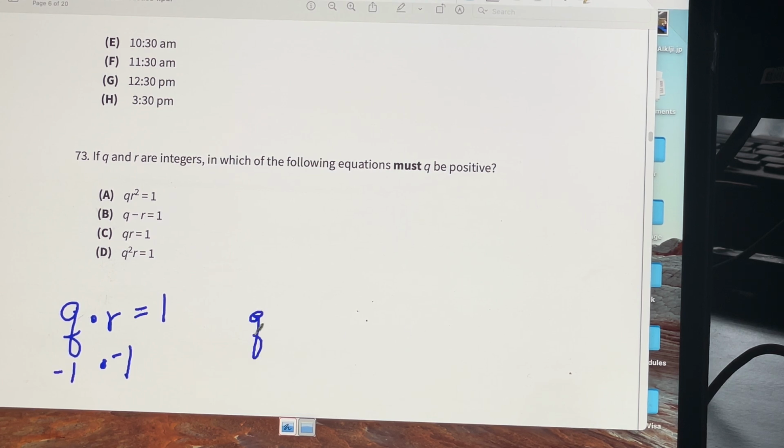If R is 1, does Q need to be positive? Yes. I'm not making sense here. Let me see if I can explain this a little better. Hang on.